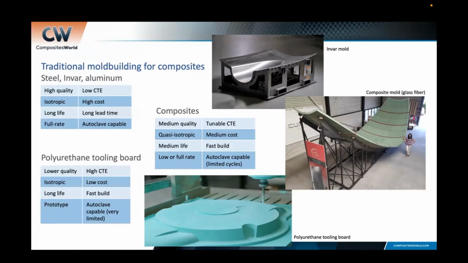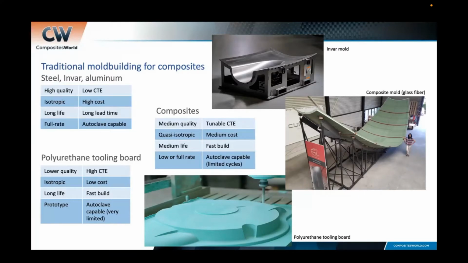Steel and invar and aluminum are generally favored for their durability and for their ability to withstand the thermal cycling of an autoclave process. They tend to be higher quality. They tend to be fully isotropic, but they also tend to be relatively high cost and have long lead times for fabrication.